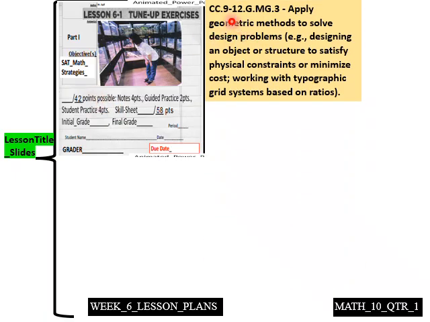And this also includes Common Core 9 through 12.G.MG.3: apply geometric methods to solve design problems, for example, designing an object or structure to satisfy physical constraints or minimize costs, working with typographic grid systems based on ratios.